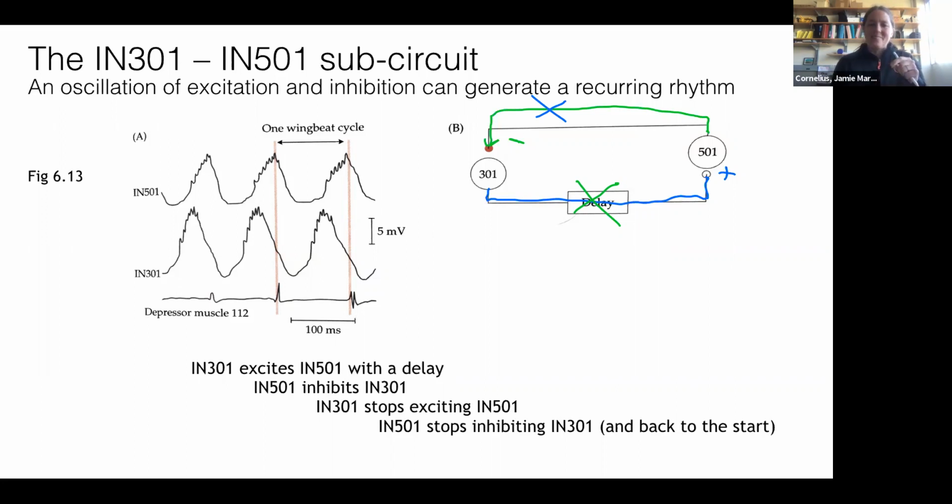So you have excitation and inhibition that can lead to a full circuit of turning on neurons and then turning off neurons, which allows the first neuron to turn back on again. It can still be a little confusing, but it's pretty cool how one excitatory and one inhibitory synapse can effectively create a rhythmic pattern that could theoretically go forever.